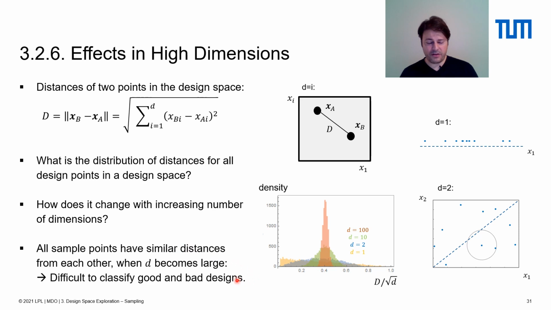And another consequence is it'll be very difficult to classify regions of good and bad designs. So to tell apart what design is good and what is bad, because they essentially all have the same distance from each other. So this is the first curious effect that I would like you to think about.